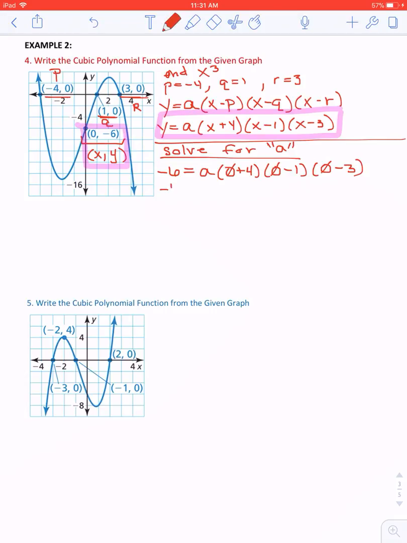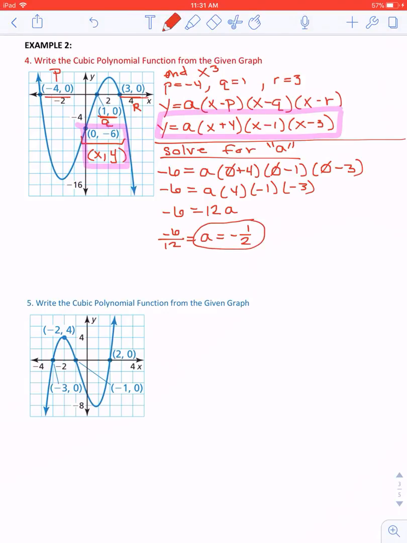So -6 equals A times 4 times -1 times -3. So -6 equals, let's see, 4 times -1 is -4 times -3 is positive 12. So 12A. If I divide both sides by 12, I have -6 over 12 equals A. So A is -1/2. So there is an A value.